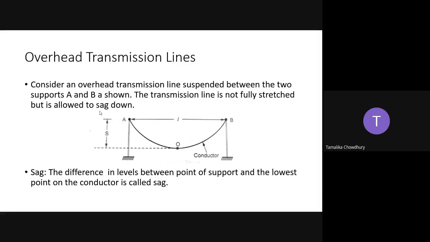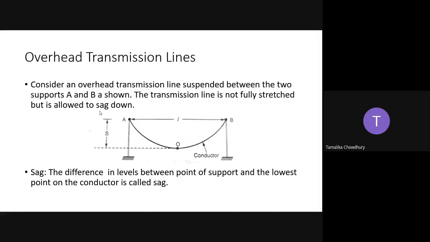So sag is the difference in the level between the topmost point and the lowest point of the conductor. That is called sag. Now what we have to do is the calculation of sag. I'll tell some important points related to sag. Just listen carefully.